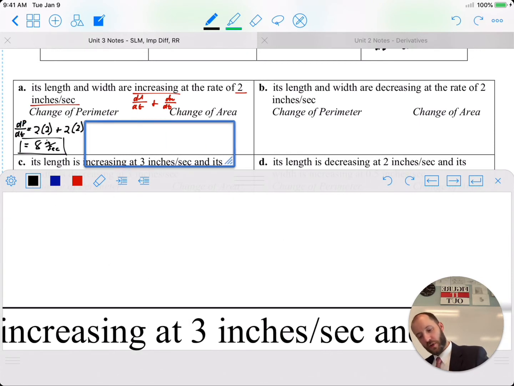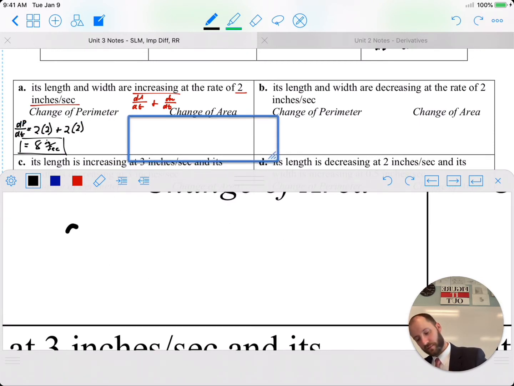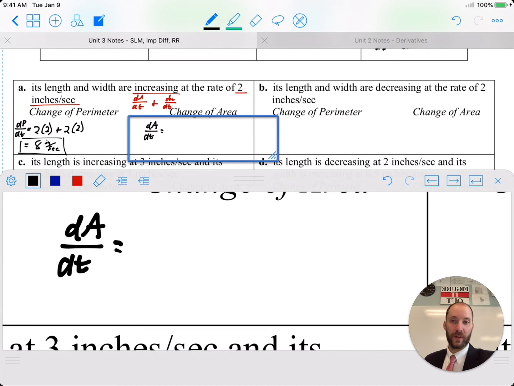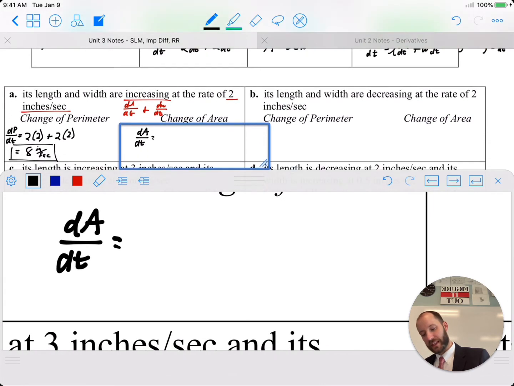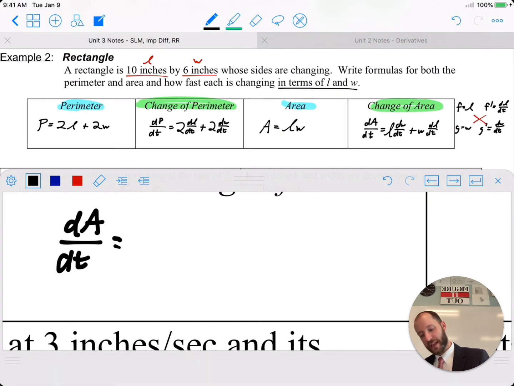Oops, now I'm going to change the area. Get your change in area formula, so dA/dt. Looking there, we have L dW/dt plus W dL/dt. So the length, let's go over here, length is 10, the rate of change is 2.